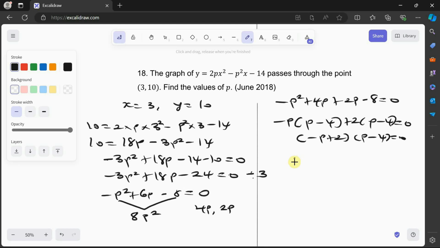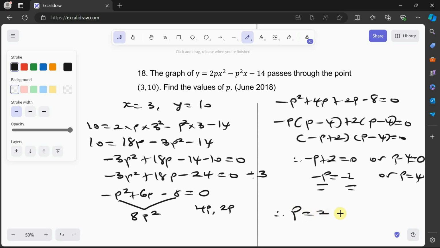Therefore minus p plus 2 is equal to 0, or p minus 4 is equal to 0. So that will be minus p is equal to minus 2, or p is equal to 4. And if I divide both sides, therefore my p is equal to 2 or 4. So this is the answer for this particular thing.